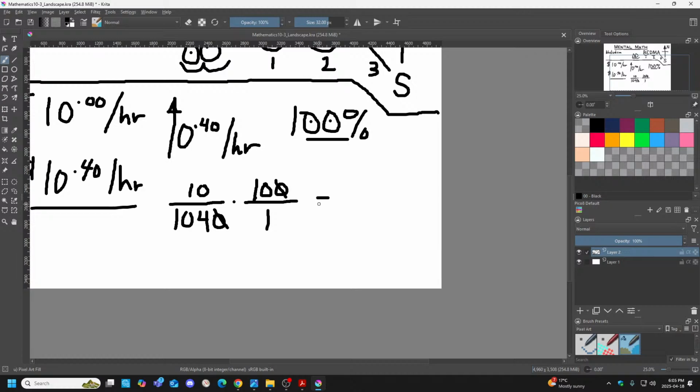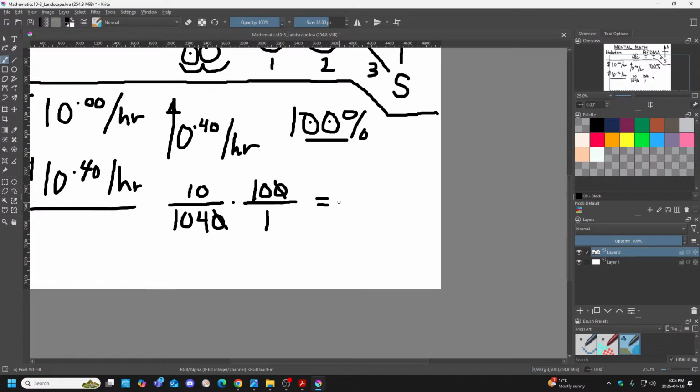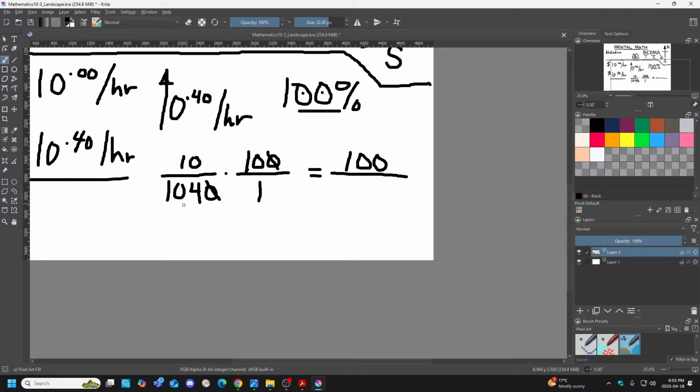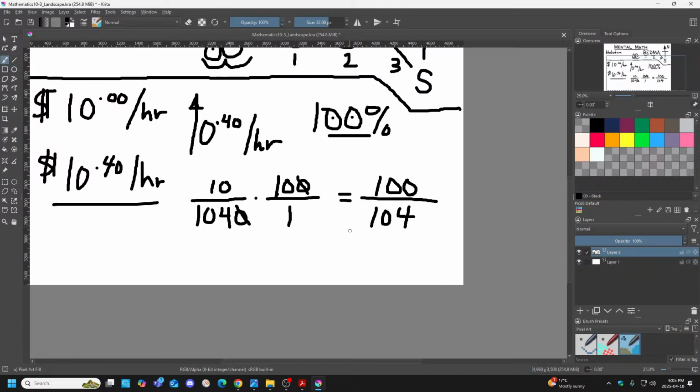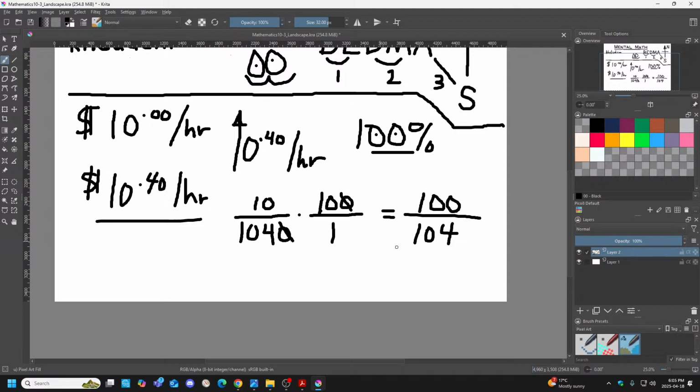So if we multiply now, you're safe to do this, guys. You could actually cancel zeros. It simplifies things. So 10 times 10 is 100, and then we're left with 104 times 1. We need this as a percent. I don't know if I'm going about this the right way. I wonder if I have to flip the fraction.